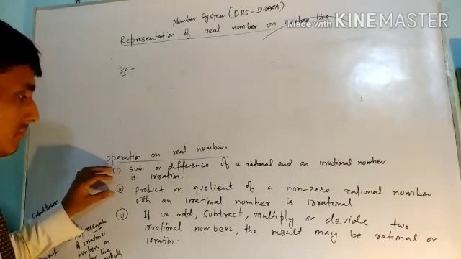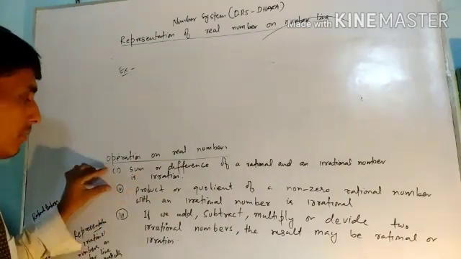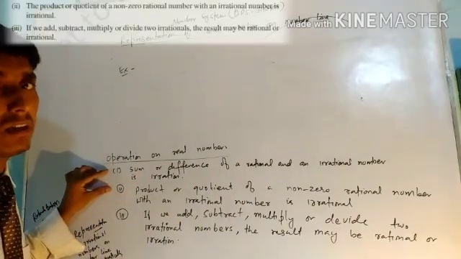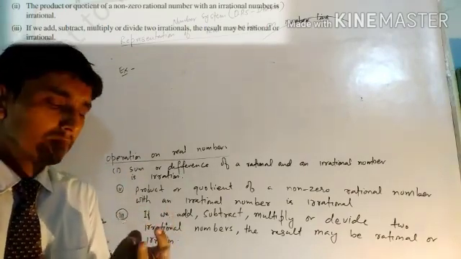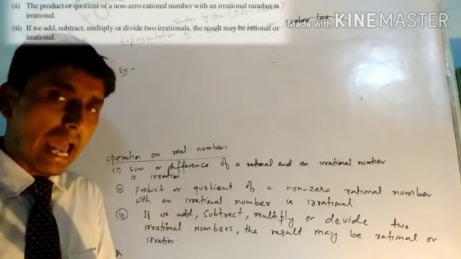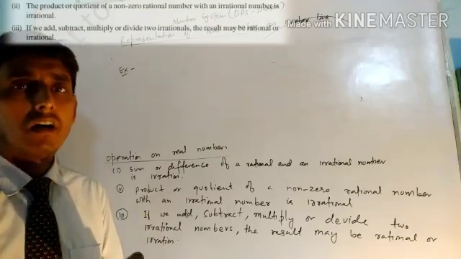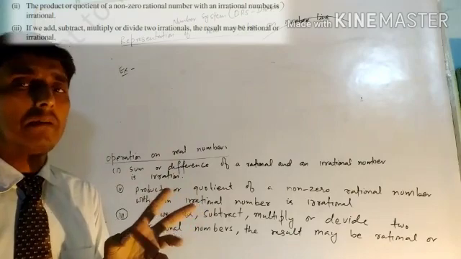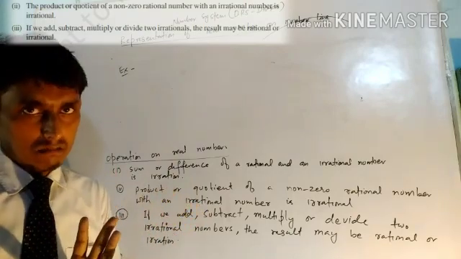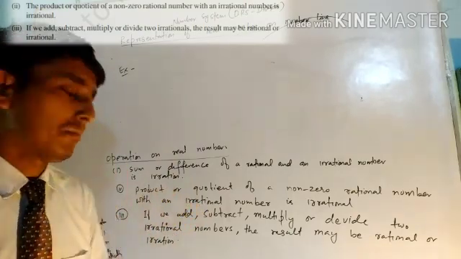from the first 2 points we learned that whether you subtract, add, multiply or divide an irrational number with a rational number, you will get the result as an irrational number.